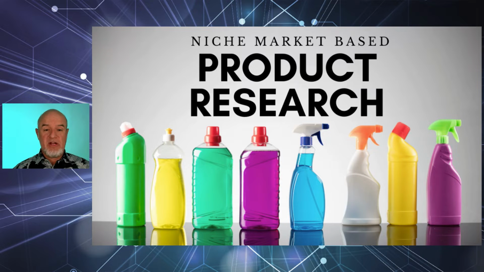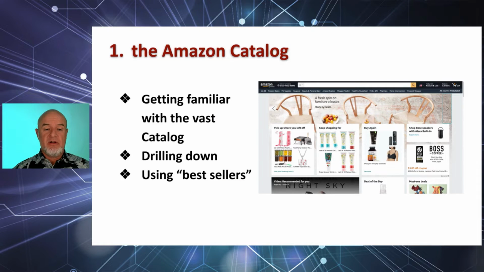So for niche market-based product research, the first place we're going to look is in the Amazon catalog itself. What better place to find Amazon products or products to sell on Amazon than in the Amazon catalog? Duh. So in the Amazon catalog, we're going to be getting familiar with the vast catalog, and that means we're going to be drilling down into all of the various departments and categories and subcategories and all the various components and places to find product ideas in the catalog.